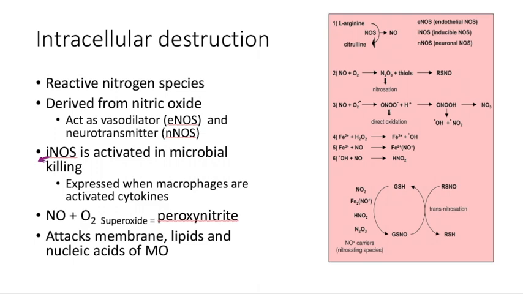The nitrogen-derived free radicals, similar to reactive oxygen species, attack and damage lipids, proteins, and nucleic acids of the microorganisms. Remember I said there was another free radical that really did some damage? Well, this was that nitric oxide plus superoxide equals peroxynitrite, which is ONOO. Oh no. And again, it is basically a very potent way that we're going to kill microorganisms.